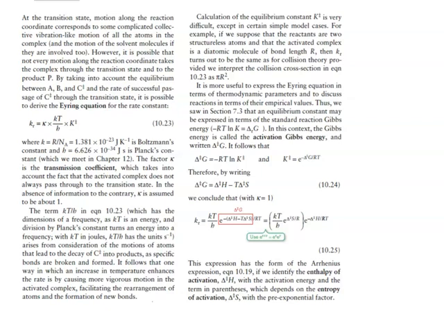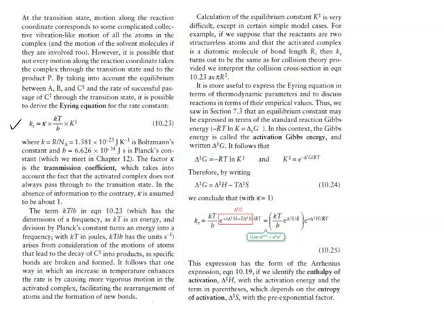derive the Eyring equation for the rate constant, shown in equation 10.23 here, where k equals R over N_A equals 1.381 times 10 to the negative 23 joules per Kelvin. It's Boltzmann's constant.